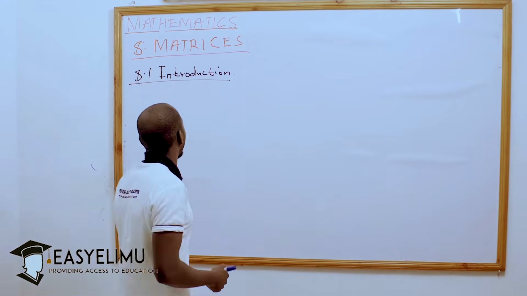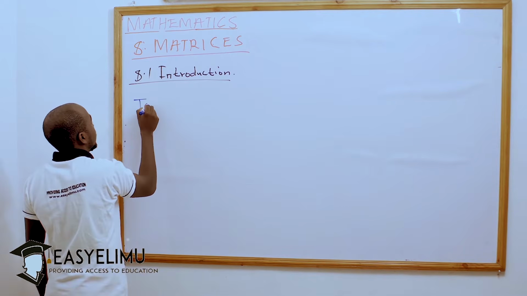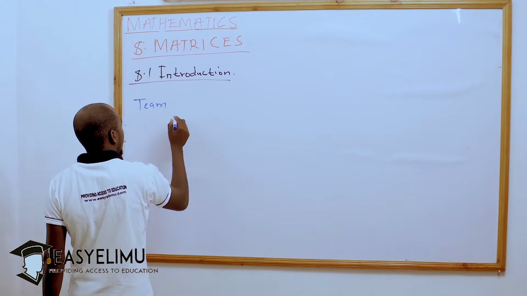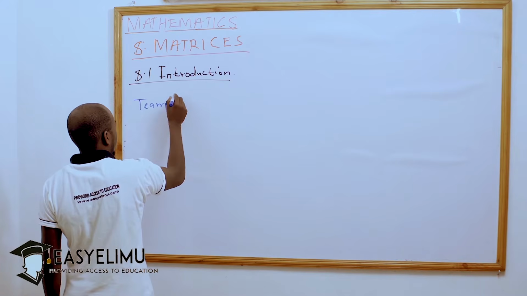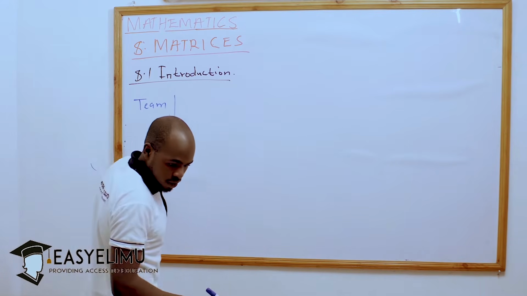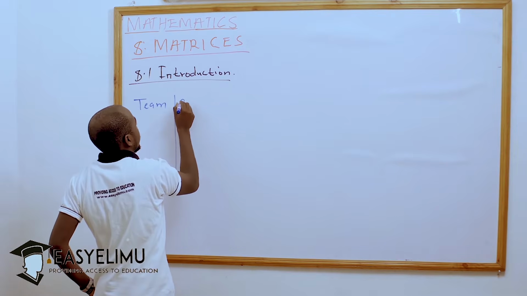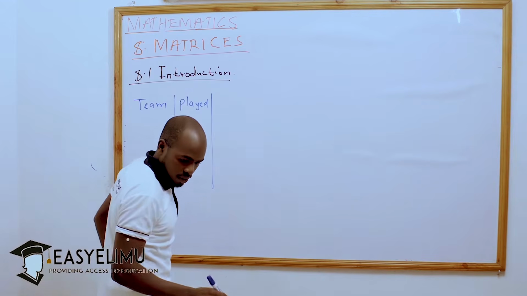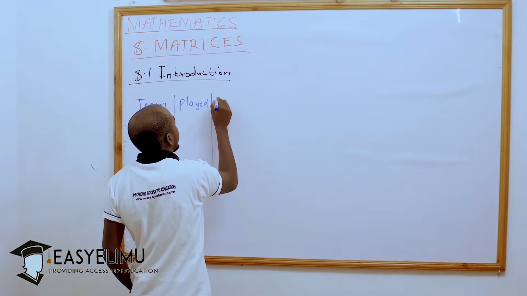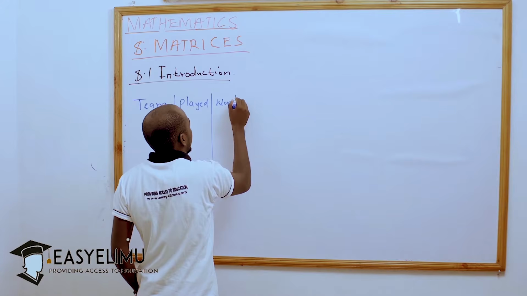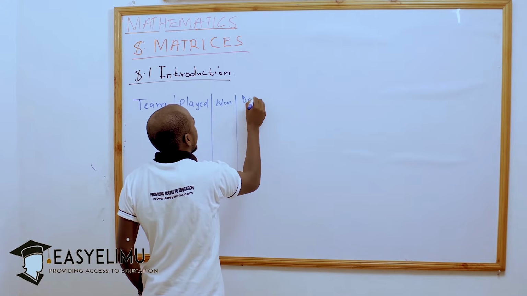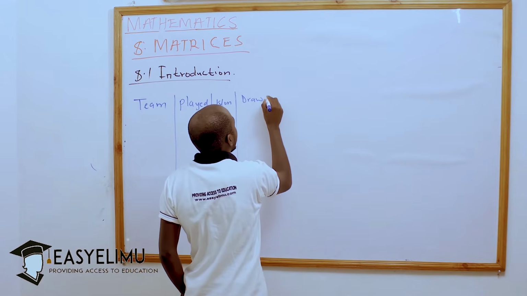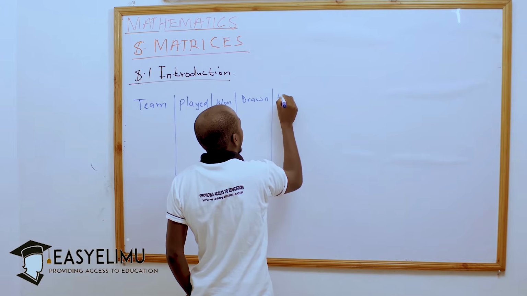We may see it has team. Then we have another column that is played. Won, drawn, then lost.